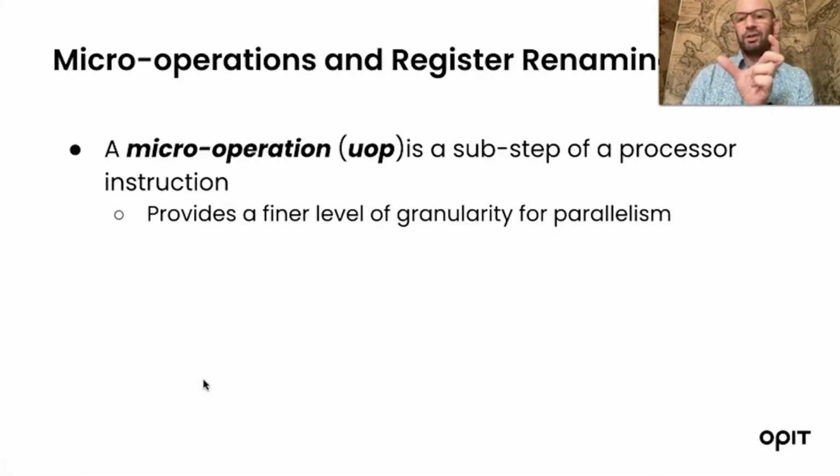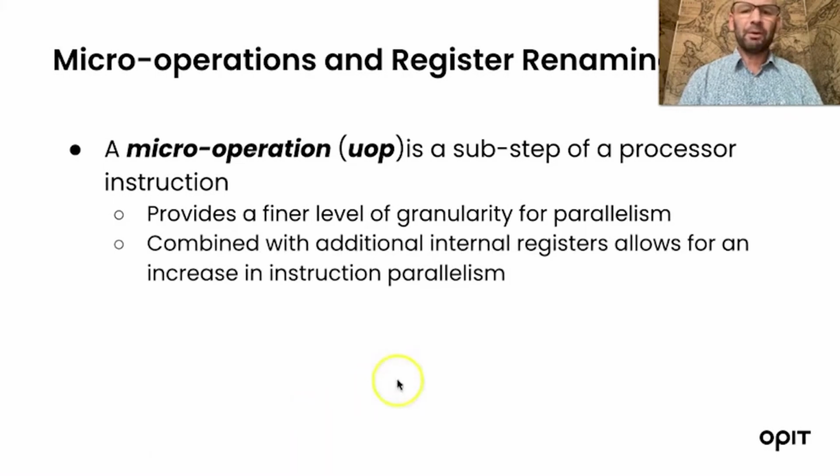So we can take an instruction that may take a while to execute. We can break it down into two micro operations, and we can perhaps do those in parallel or assign them to separate resources that can execute them more quickly in a clock cycle rather than over more than one clock cycle. Combined with additional internal registers, this allows for an increase again in parallelism, which is ultimately what we're looking for here, where we can get more instructions done in fewer clock cycles.